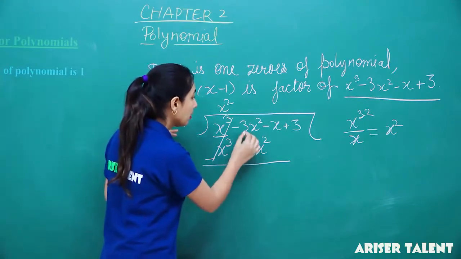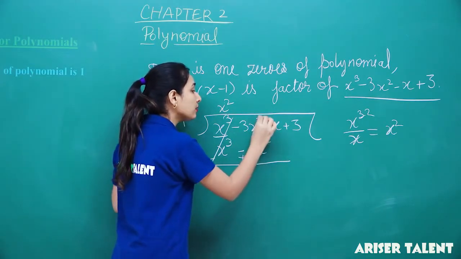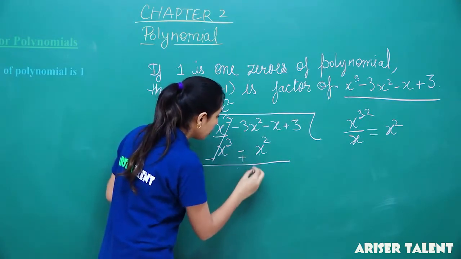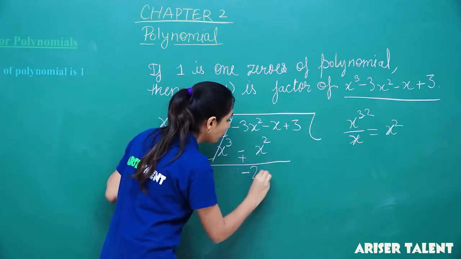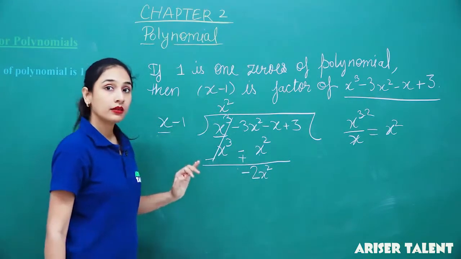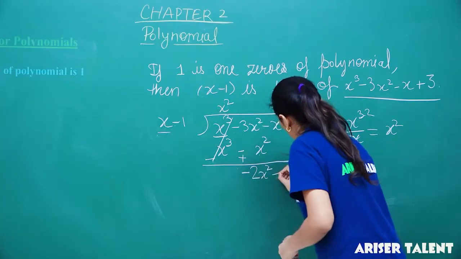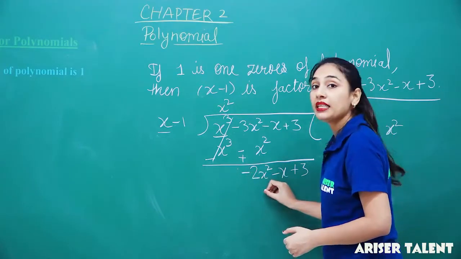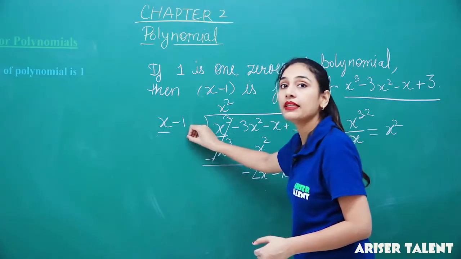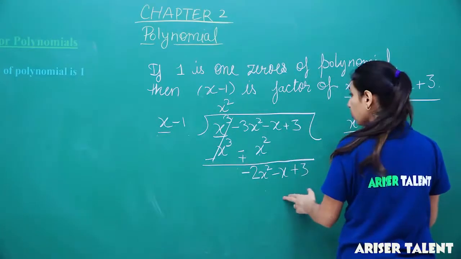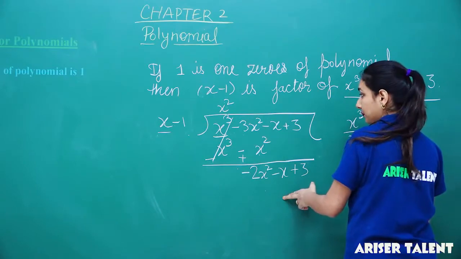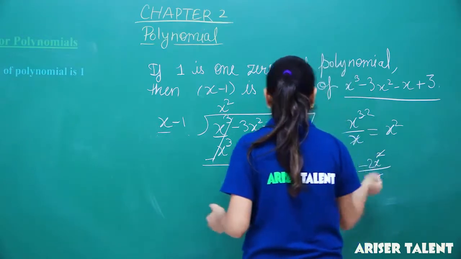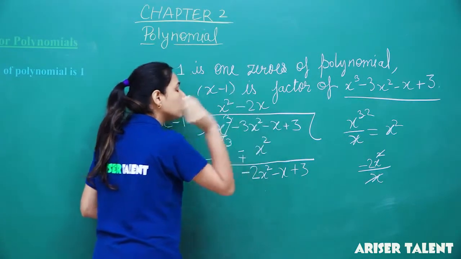Now minus 3x square plus x square, what will it become? It will become minus 2x square. So now the remaining terms are like this: minus 2x square here and x minus 1 here. Minus 2x square divided by x gives minus 2x, so simply write minus 2x here.